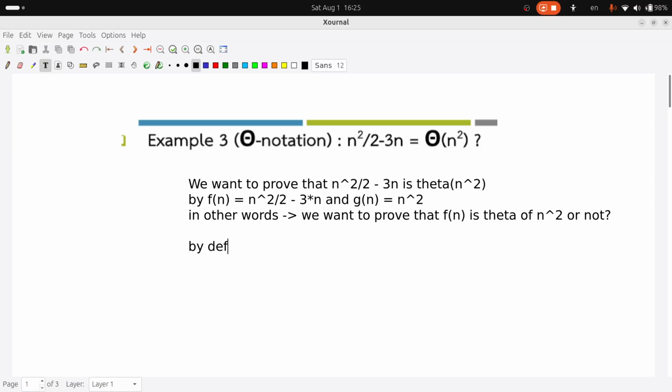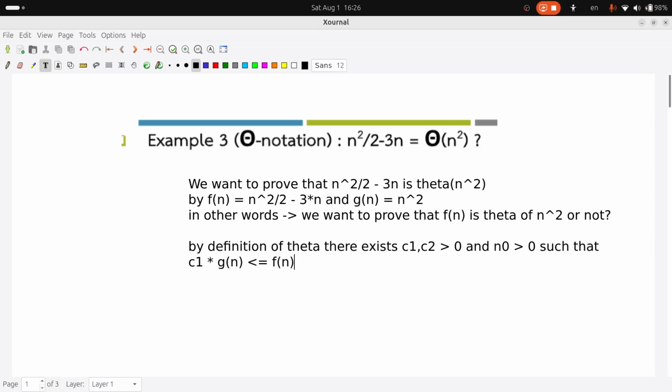By the definition of theta, there exist c1, c2 greater than 0 and n0 greater than 0, such that c1 multiplied by g(n) is less than or equal to f(n), and the function f(n) is less than or equal to c2 multiplied by g(n).